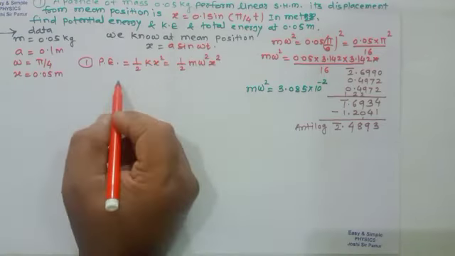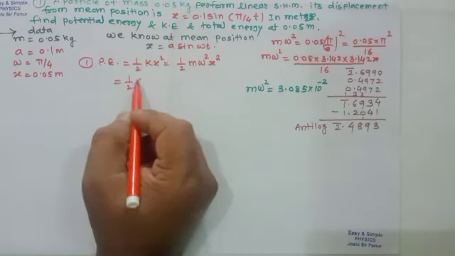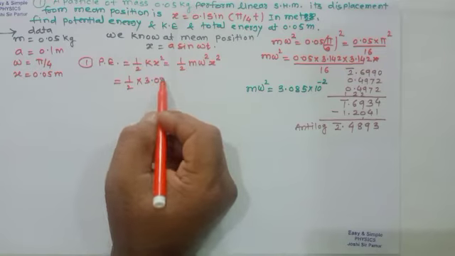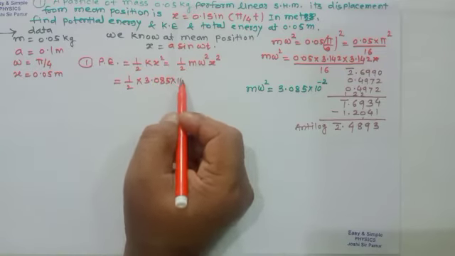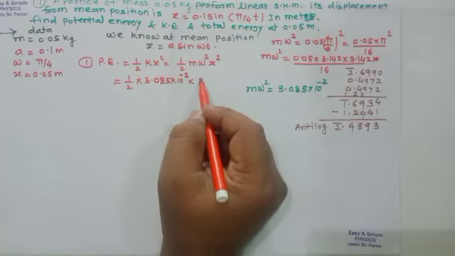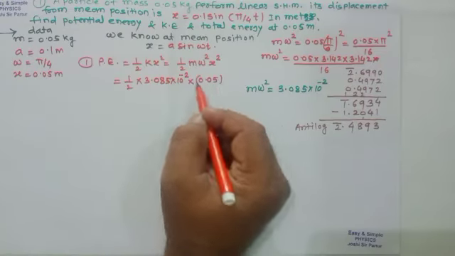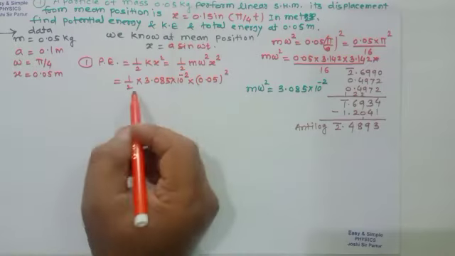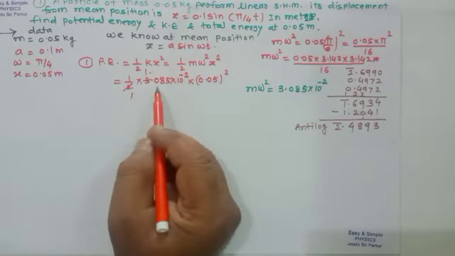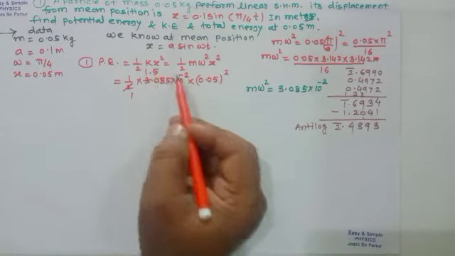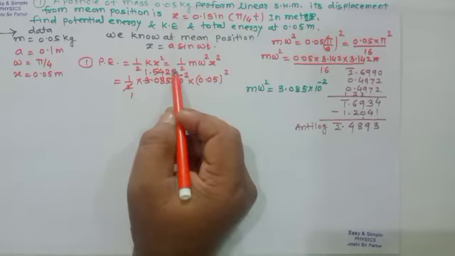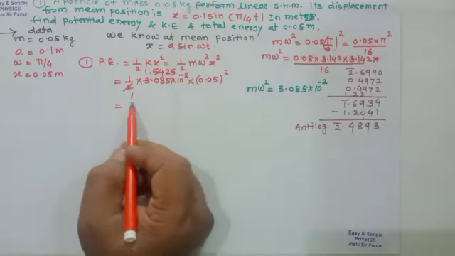If we substitute the values, becomes half multiplied by 3.085 into 10 to the power minus 2 into 0.05 bracket square. So what happened? 2 on the 2, 2 on the 2 point. 1 is remaining 10, 2 5 the 10, 2 4 the 8, 2 2 the 4 and 2 5 the 10.